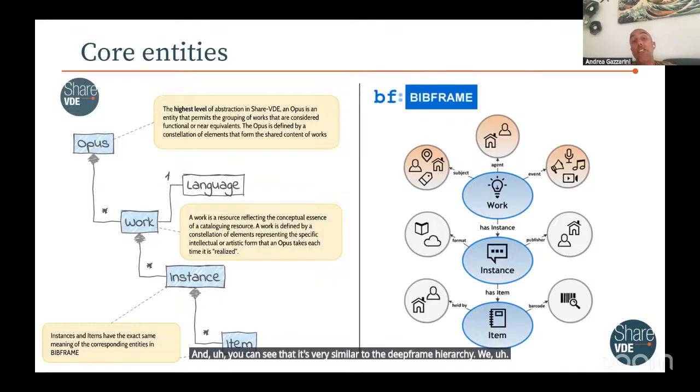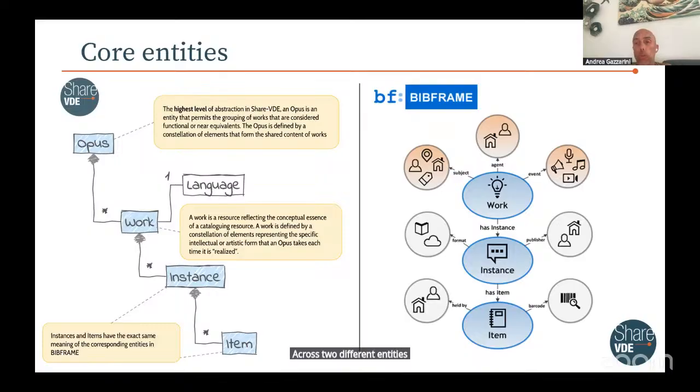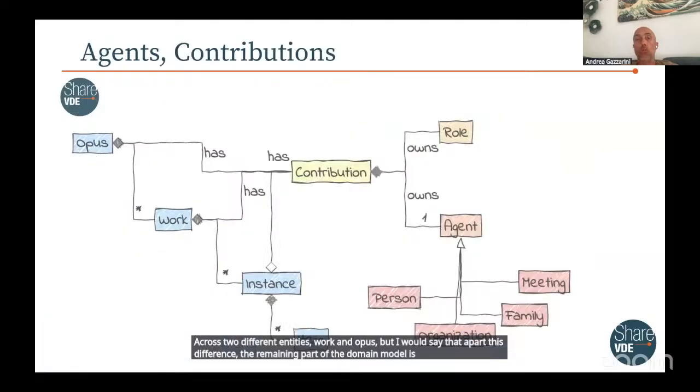The main difference is that we split the responsibilities that are in the BIBFRAME Work across two different entities, Work and Opus. But apart from this difference, the remaining part of the domain model is very, very close to the BIBFRAME model.